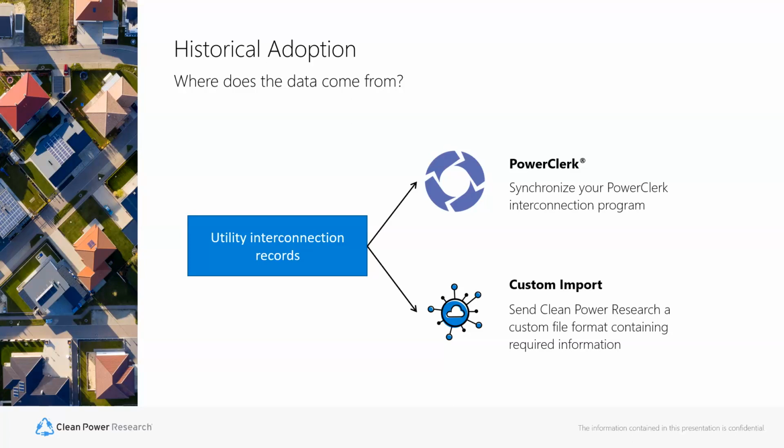And a lot of them have really great interconnection records available within PowerClerk. These records are very specific, and this is just the best place to get this data for us. We can also take data directly from utilities, as far as they could just send us a CSV with this data.